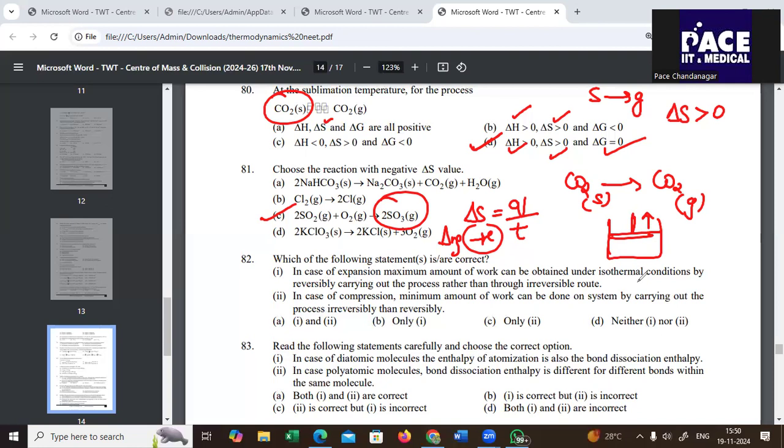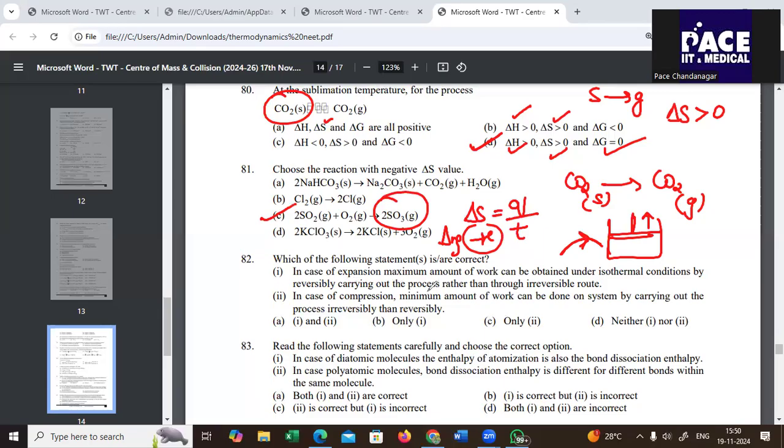Yes, isothermal, which means there is a heat loss. Gases are expanding, losing their temperatures. Then the external heat also comes in, a lot of work is done. Yes, so in the case of expansion, maximum amount of work can be obtained by isothermal conditions, by reversibly carrying out the process, not irreversible.